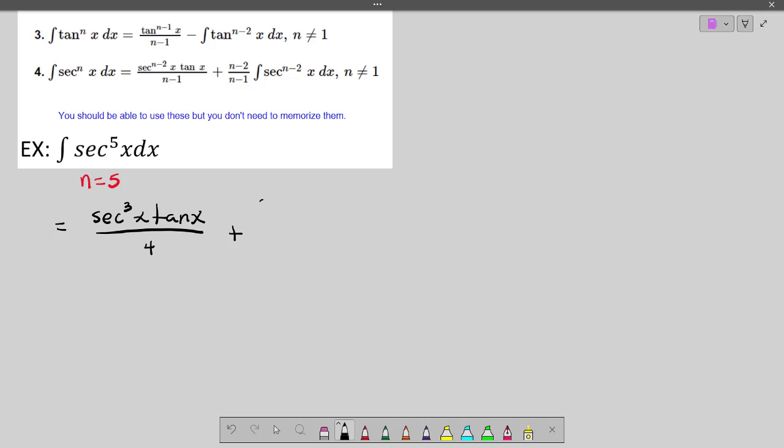So we're going to have 3 over 4 integral secant to the 3 of x dx. So we have that. And then we're in the same boat again. This reduction formula has dropped the power on the function that we're integrating from 5 to 3, so we're going in the right direction. Now n is 3, and we're going to do the same thing.